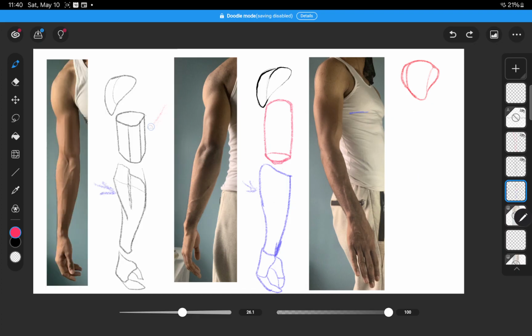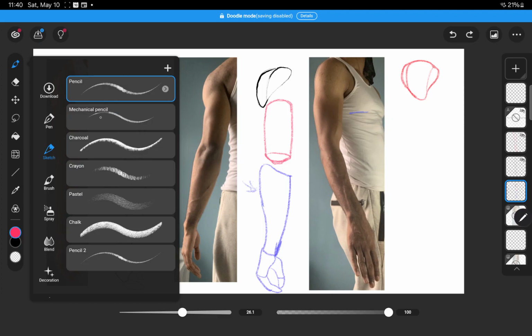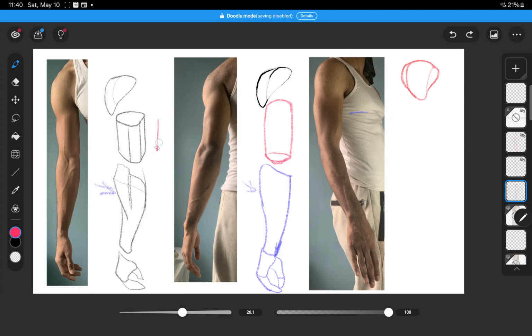Again, it's this shape. This shape I find to be the easiest one to digest because I think it's the simplest out of all of them.